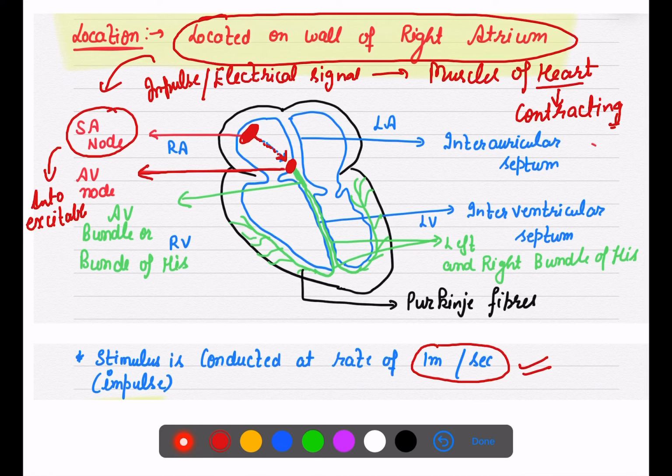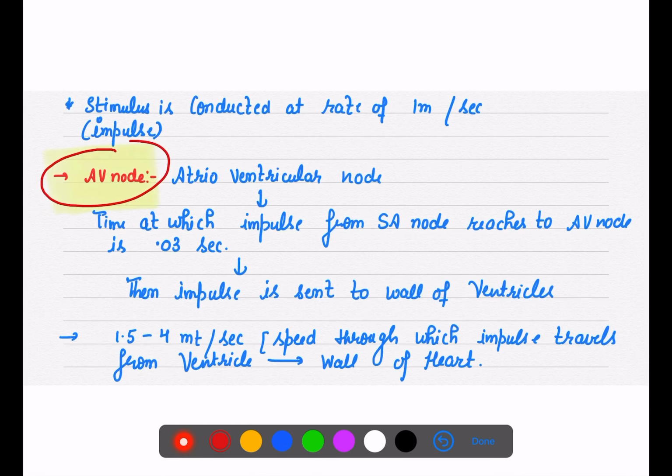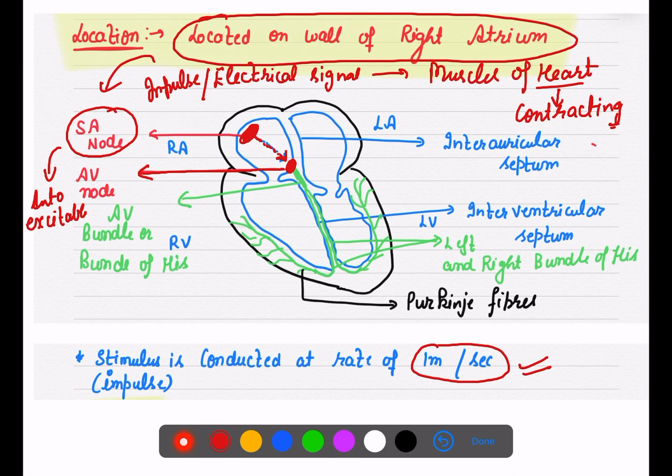Basically, first the impulse is generated by the SA node, and then it reaches the AV node, known as the atrioventricular node because it is present between the atrium and ventricles.